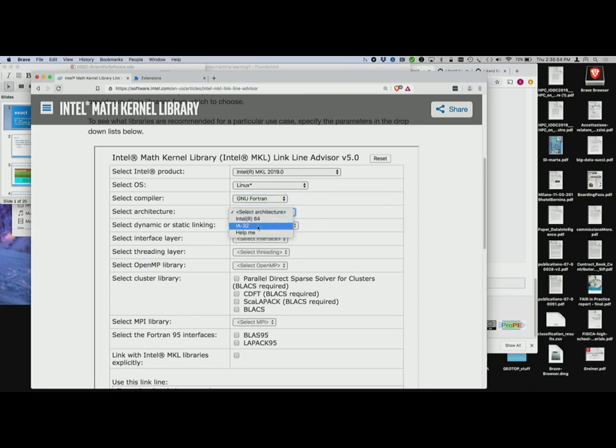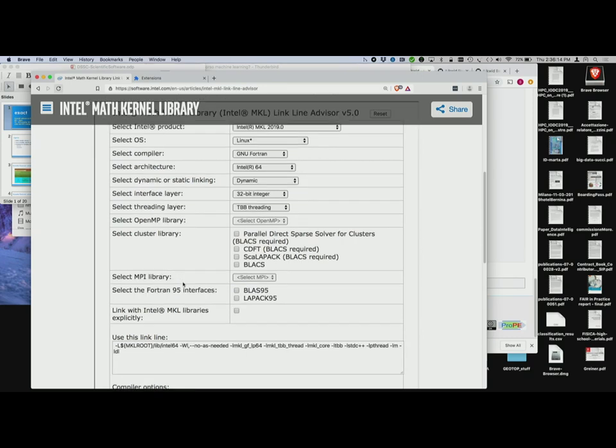Then you select Intel, then dynamic or static linking, the interface, 32-bit, and the threading: OpenMP, sequential, whatever. TBB is the threaded library provided by Intel. And then if you want a cluster library, the MPI library, you can select it as needed.